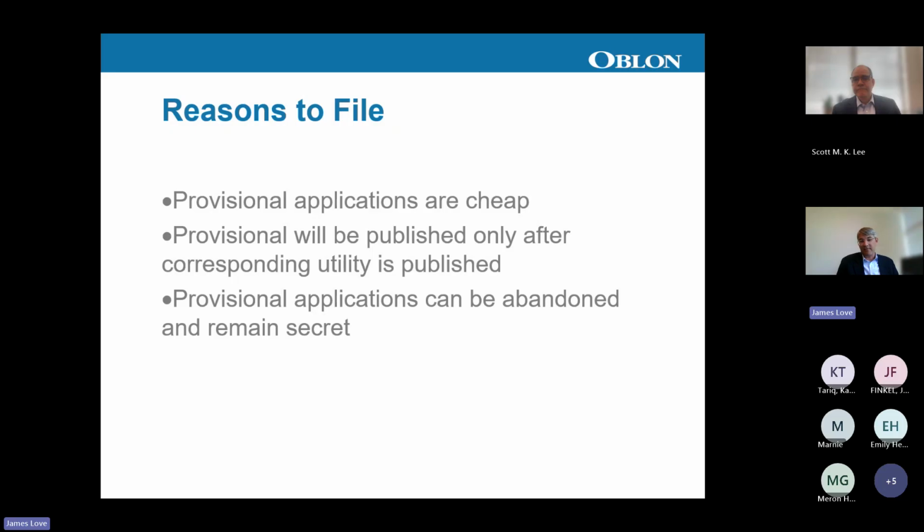A lot of the inventors that we work with will file a provisional application because they think it could be useful, and sometimes they'll let it go after a year because they feel the invention isn't fully developed and they still want to work on the idea. So you might as well file your application before you publicly disclose. It really can't hurt you, and it is not often that expensive.